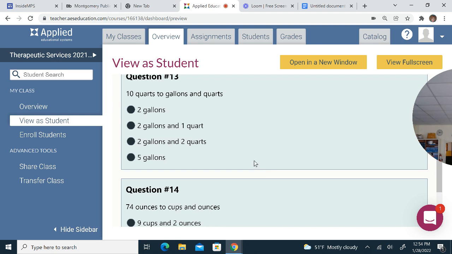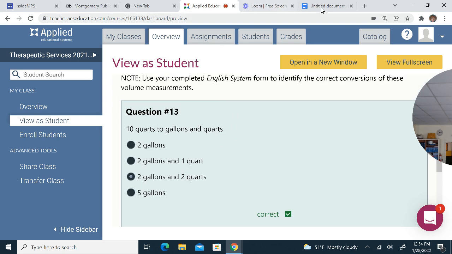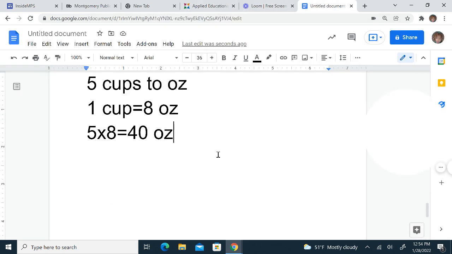All right. 10 quarts to gallons and quarts.